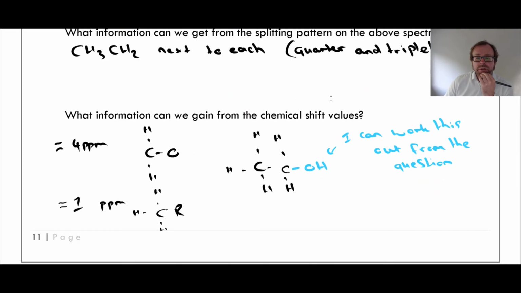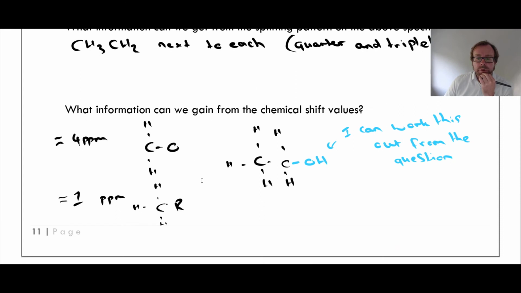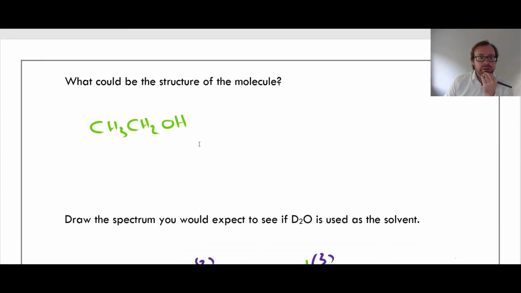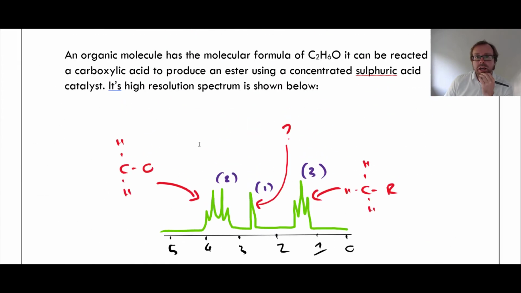The molecular formula C2H6O probably means it's going to be this structure, CH3CH2OH. If I go back up, my mysterious singlet peak is an OH, which fits because it is never split and doesn't split any of the other peaks.